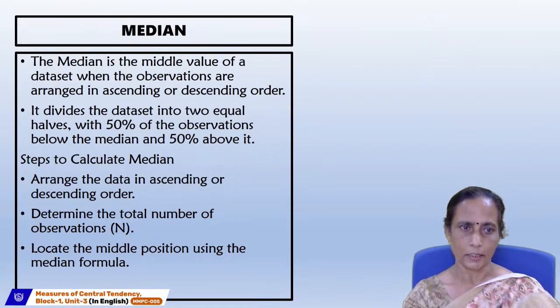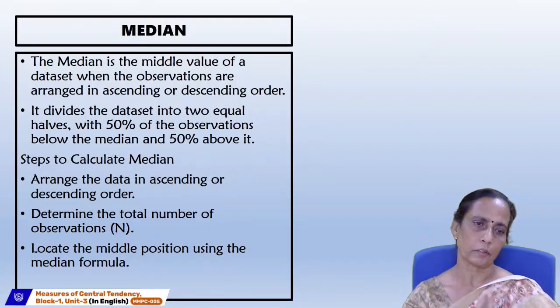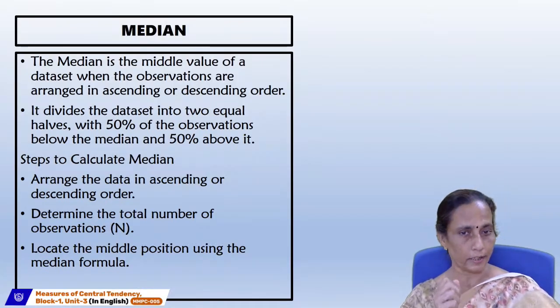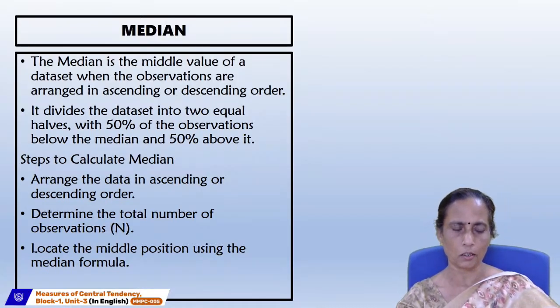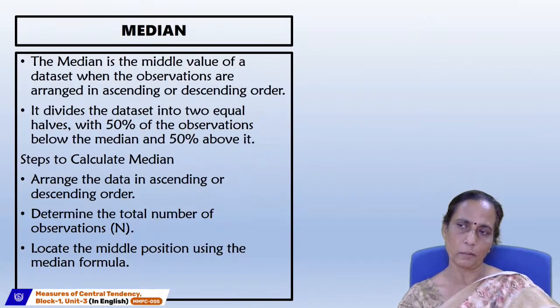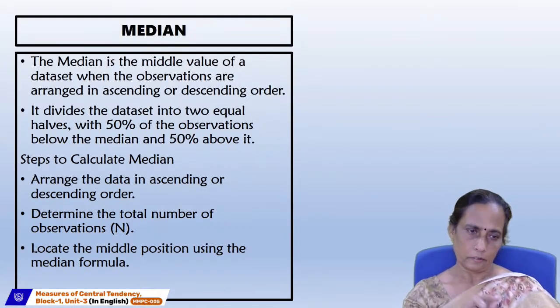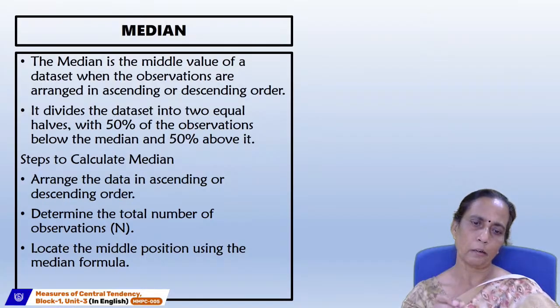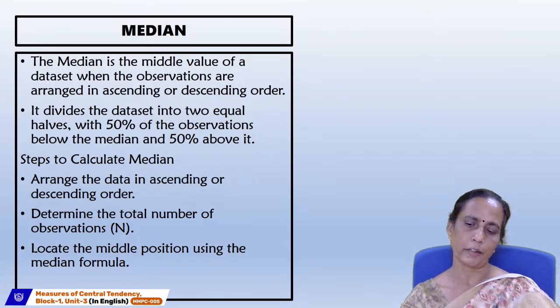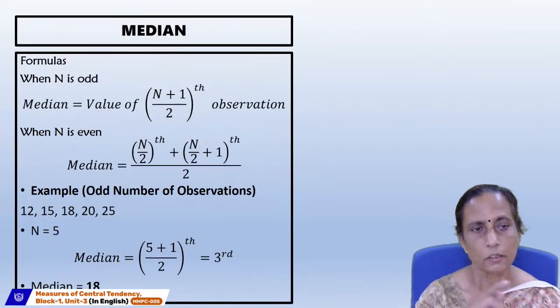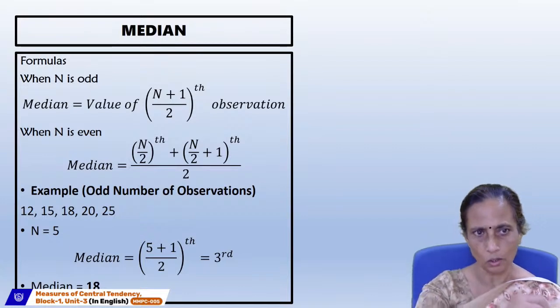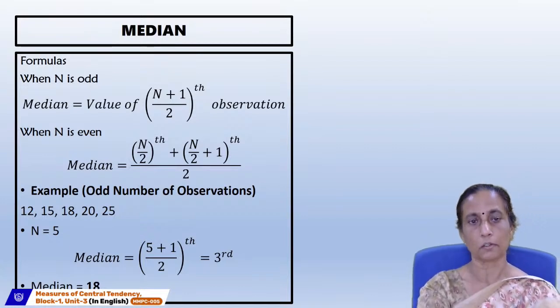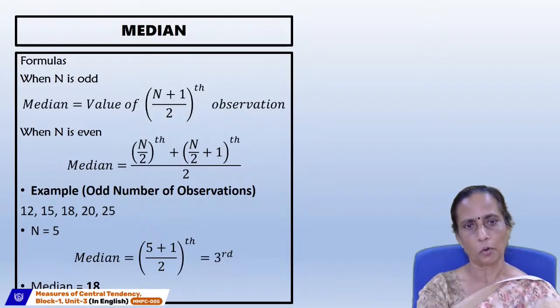The steps to calculate the median: arrange the data in ascending or descending order, determine the total number of observations, then locate the middle position using the median formula. When n is odd, your median is equal to the value of the (n plus 1) by 2th observation.